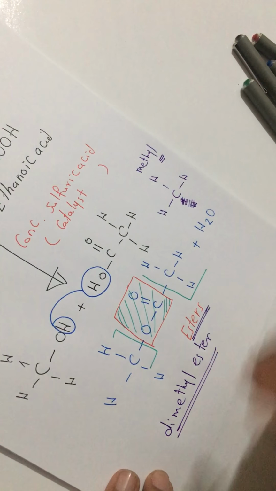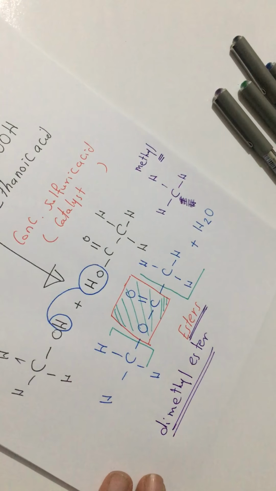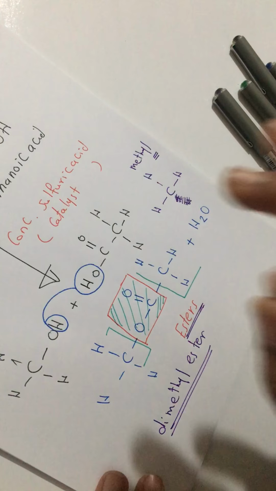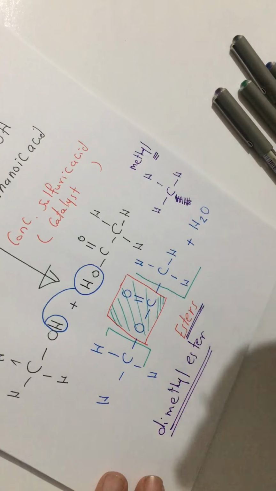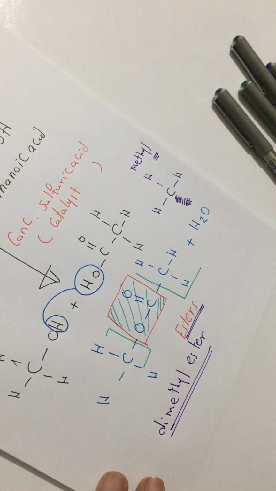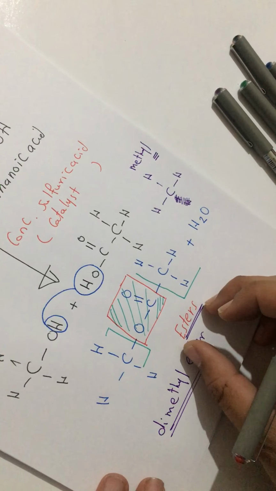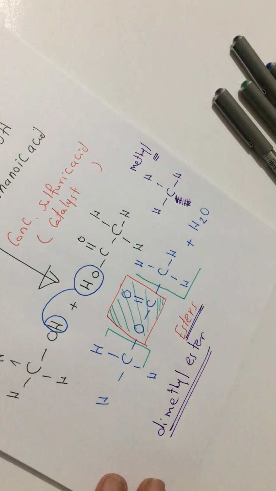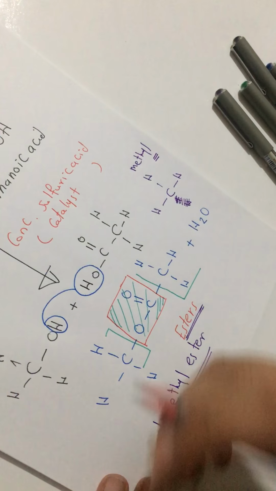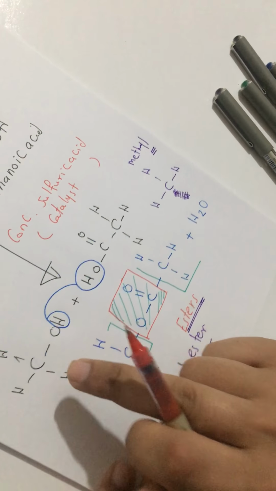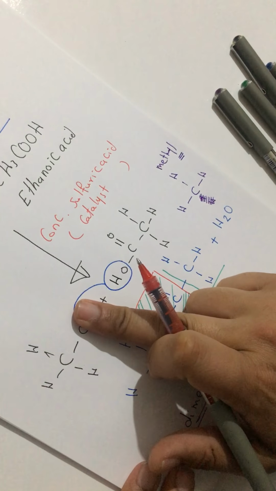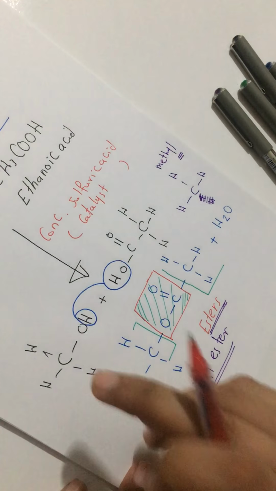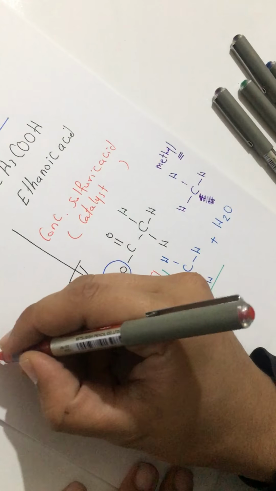This is a method that we use for naming, but the correct, official method that we use in our curriculum is to name the ester from the names of the alcohol and carboxylic acid used to form it. I have here methanol, and when I remove the H from methanol, it takes the suffix "-yl".